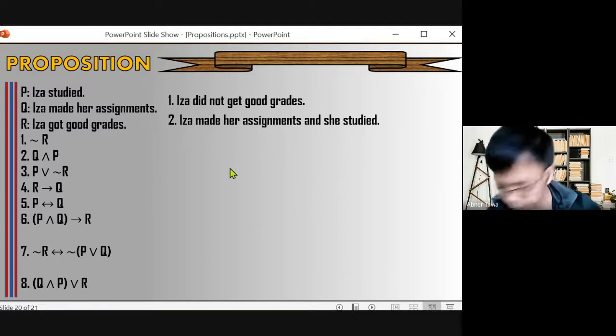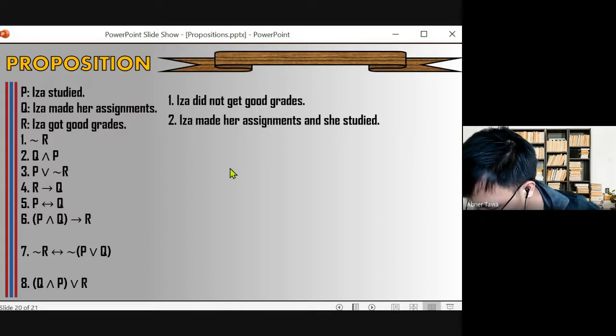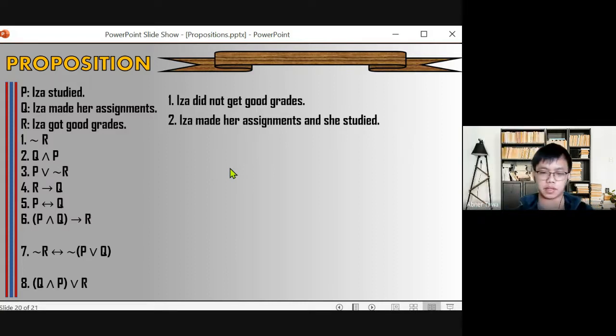How about number 3? Let's have Aldrin. Are you here, Mr. Aldrin? How about Mr. Acosta? Okay, let's proceed with Miss Sandy.